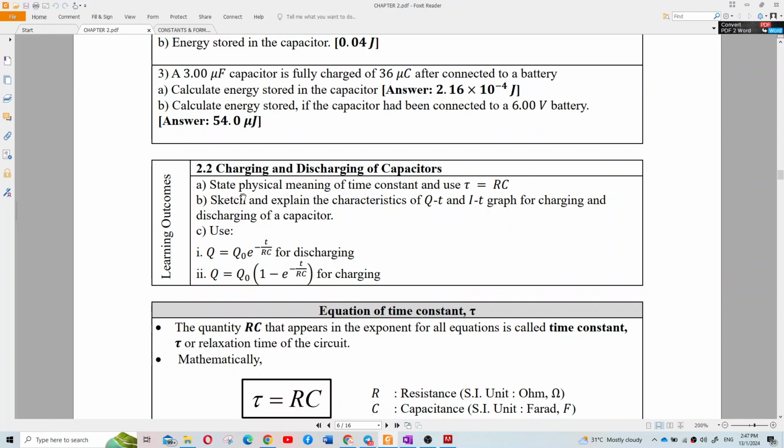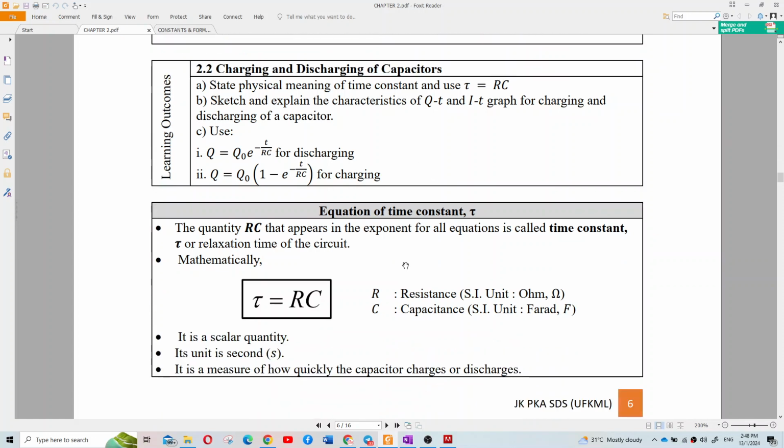We need to sketch and explain their characteristics for charging and discharging capacitor. And we also use the formula to find the charge for discharging and charging capacitor. So let's dive into it.